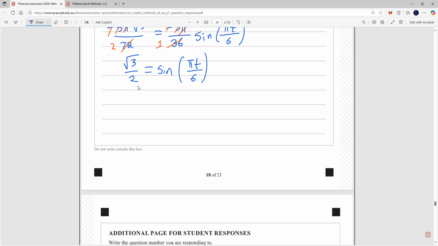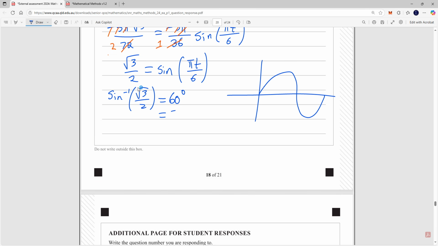Okay, so going back here. So when you sine inverse root 3 over 2, that's going to give you that 60 degrees like we worked out before, which was that pi over 3, which is that first solution there. And we'll include that one here, but we also need this guy here for that length of time.